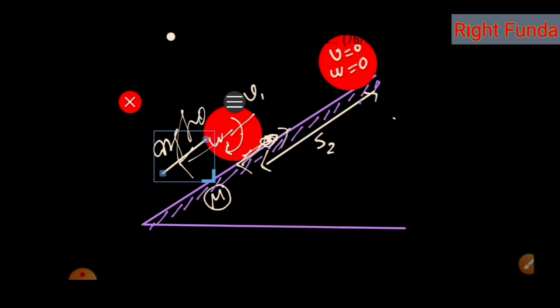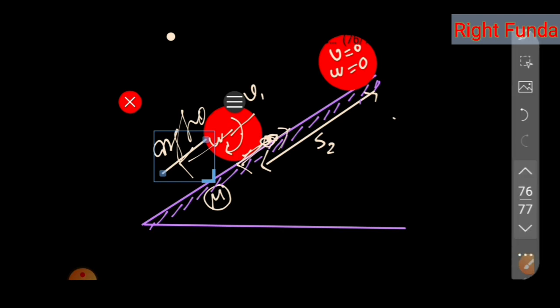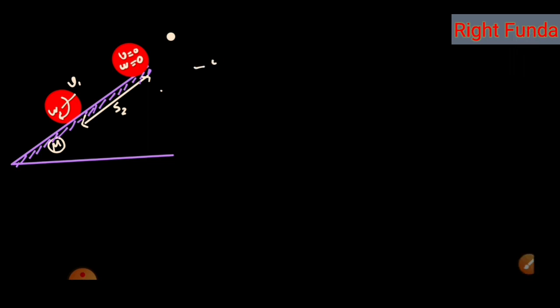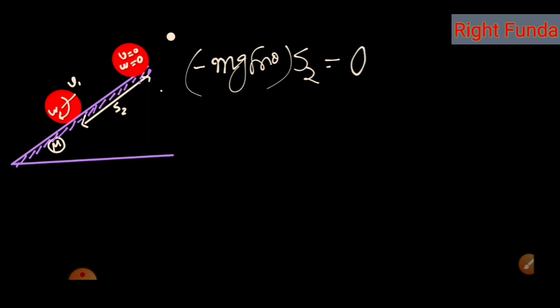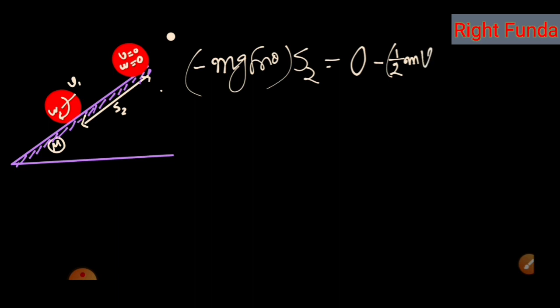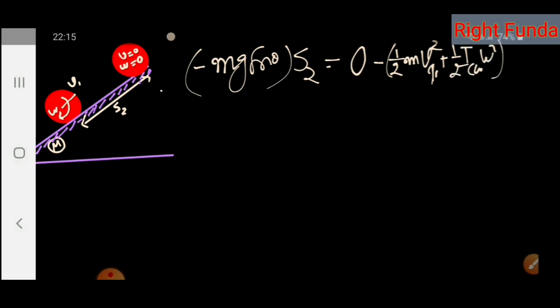Applying the work energy theorem, this equals the change in kinetic energy: final kinetic energy is 0, because at the highest point velocity is 0 and omega is also 0, since it is pure rolling and v equals omega r, minus the initial kinetic energy, half m vcm squared plus half I cm omega squared. That is the kinetic energy at this position.